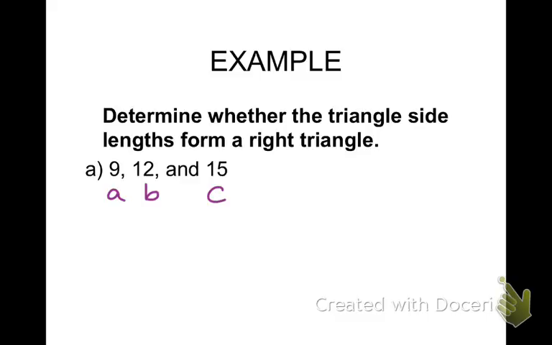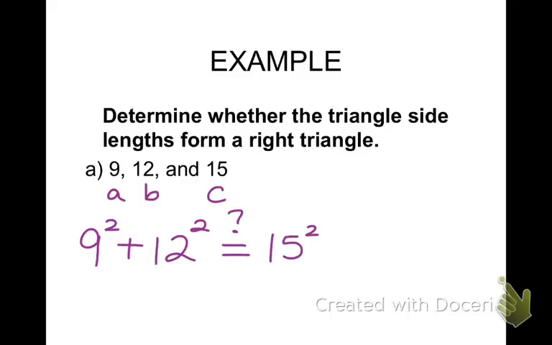And now I'm going to check. Does a squared plus b squared, so 9 squared plus 12 squared, equal 15 squared? Well, 9 squared is 81. 12 squared is 144. 81 plus 144 is what? 225.